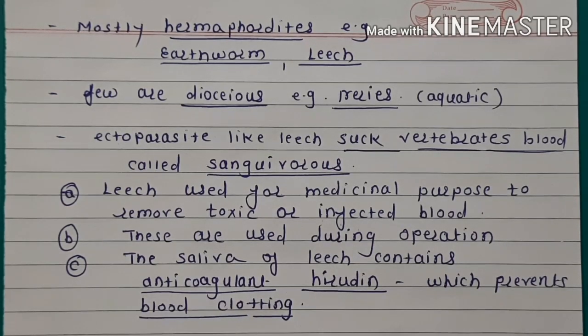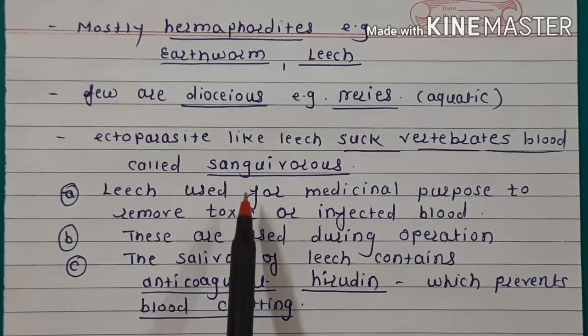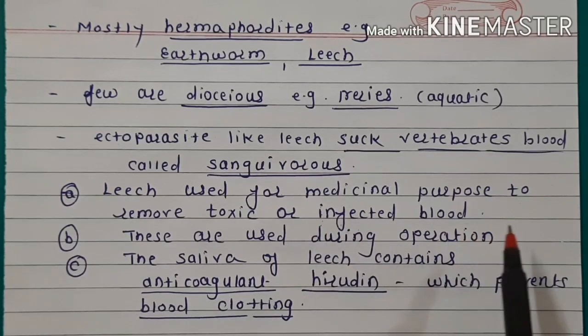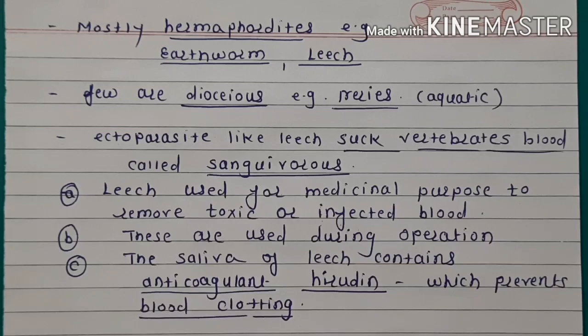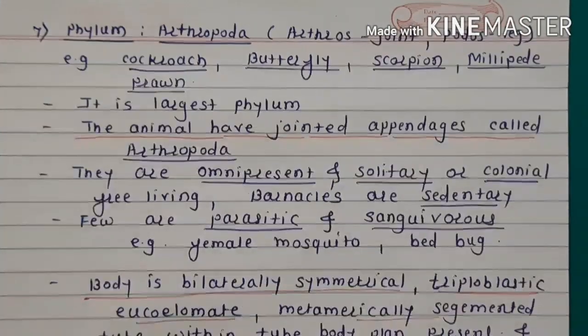The ectoparasite like leech sucks vertebrate blood. It is called sanguivorous. It is used for medicinal purposes to remove toxic or infected blood. These are used during operation. The saliva of leech contains the anticoagulant hirudin, which prevents clotting of blood.